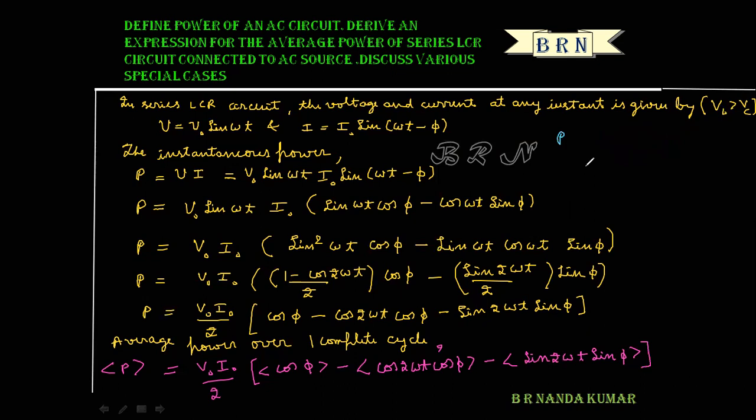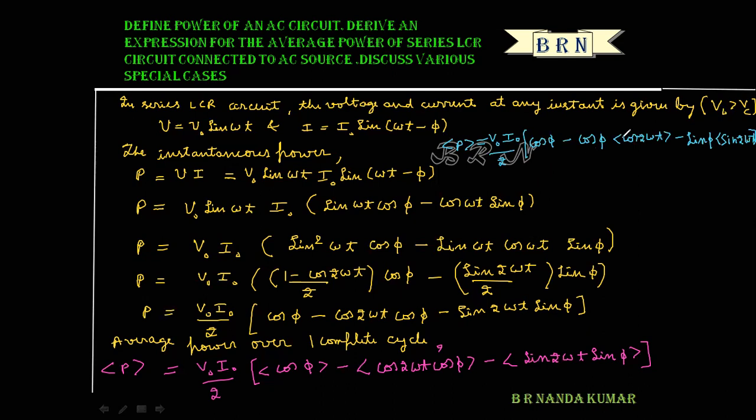Minus, here cos phi is constant, take it outside, average of cos 2 omega t. Then minus sin phi is constant, take it outside, average of sin 2 omega t.